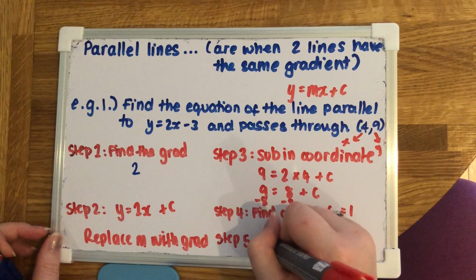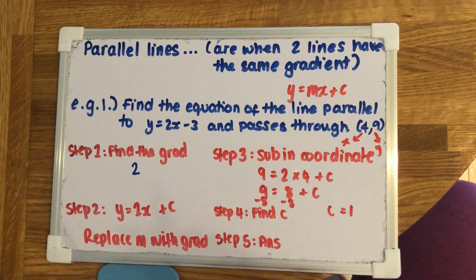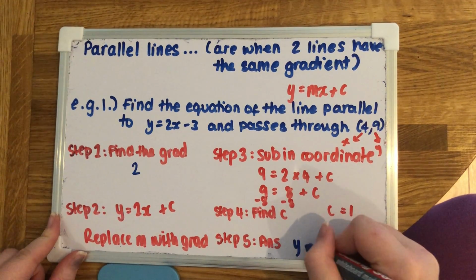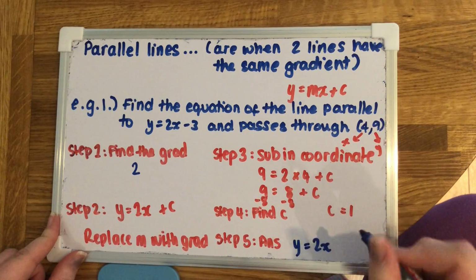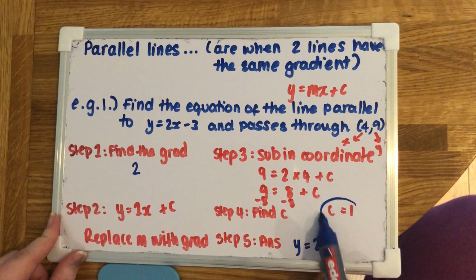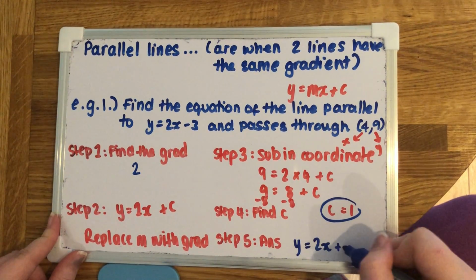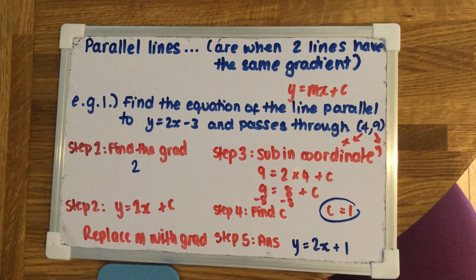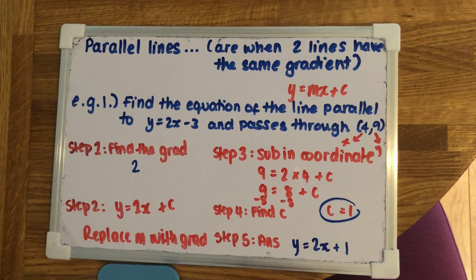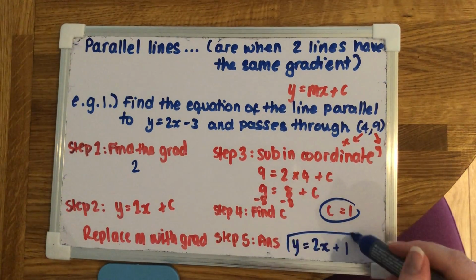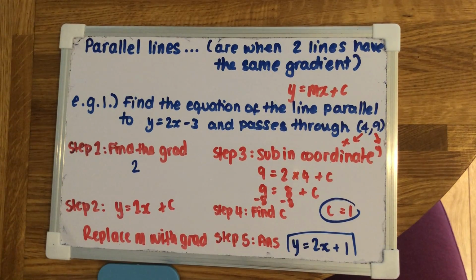Okay, so step 5, we just need to say what the answer is. So we come back to step 2, which is the y equals 2x plus c. Now we know what c is now. We know c is 1. So that means that we can now just write plus 1 there instead of plus c. Okay, so that is our final answer.